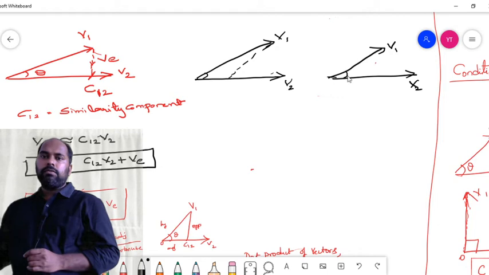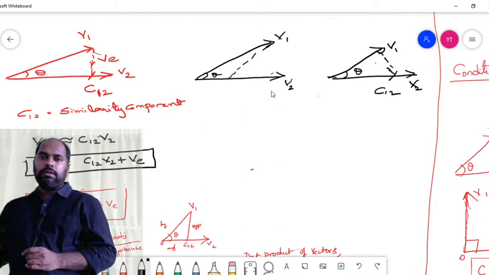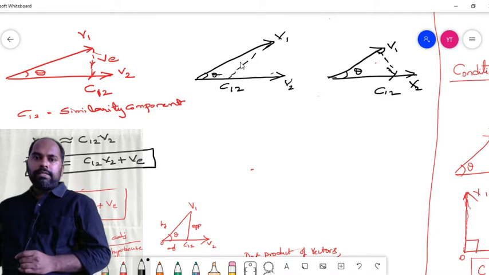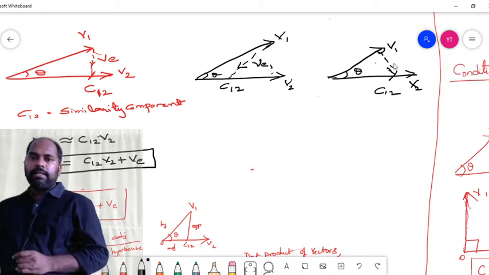This is also making a certain angle, this is also theta, in a different direction. This is also C12. Here I am going to call this error vector VE1, and this one VE2.